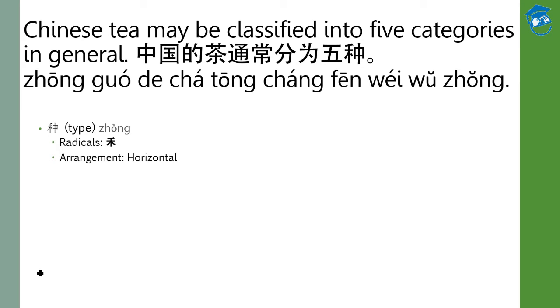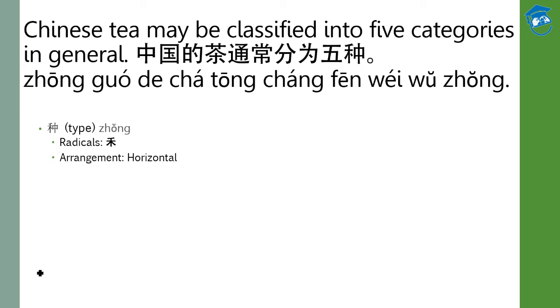Okay, so 通常 means in general, or we can say usually. Okay, because you have learned that cháng, it also means always or usually. So 通常 in this context, it means general or usually.